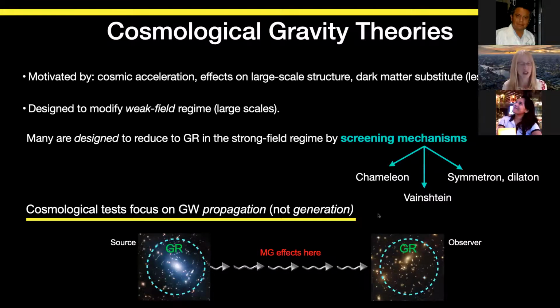And that means the sources themselves evolve as per GR. And what we're going to study is the strange things that can happen to those gravitational waves when they leave that host galaxy and travel across intergalactic space towards us, the observer. So that's what we're talking about today: propagation, not generation.